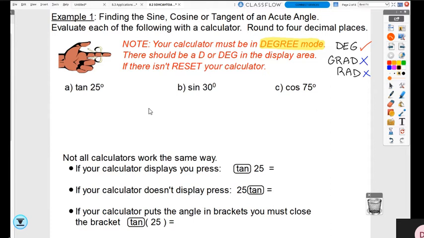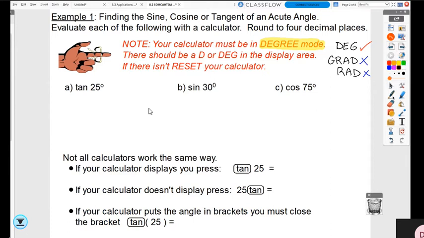If your calculator is in a different setting other than DEG, your answers will be off. The work will be right, but the answer would be off. So when you're dealing with trigonometry, you want to make sure the calculator is in DEG mode. Now, the way we input things into our calculator might differ depending on what calculator you're using.